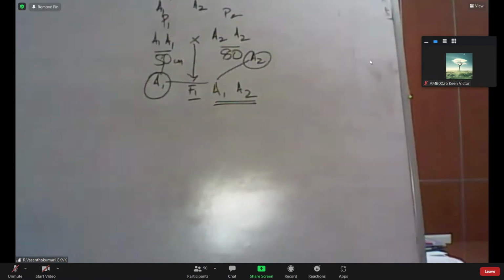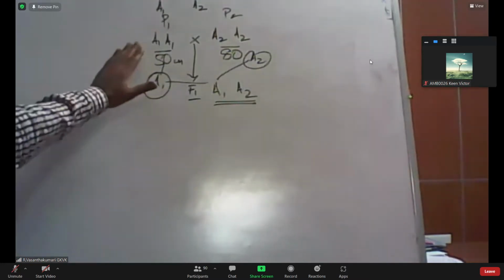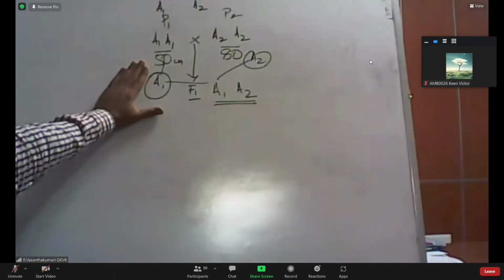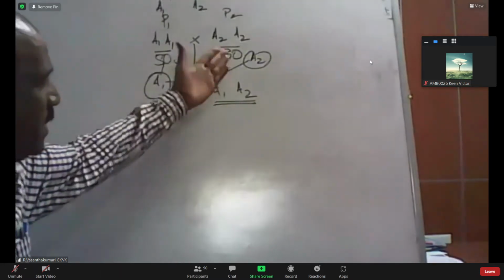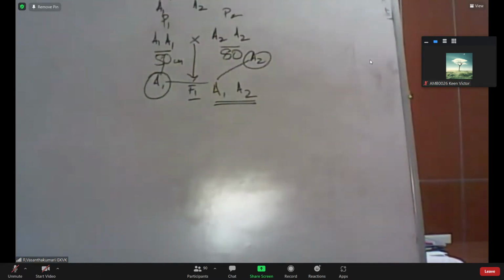Well, will the average plant height of a number of F1 A1 A2 heterozygous individuals be equal to 50? Or will it be equal to 80? Or will it be equal to something other than 50 and 80? Something other than 50 and 80.